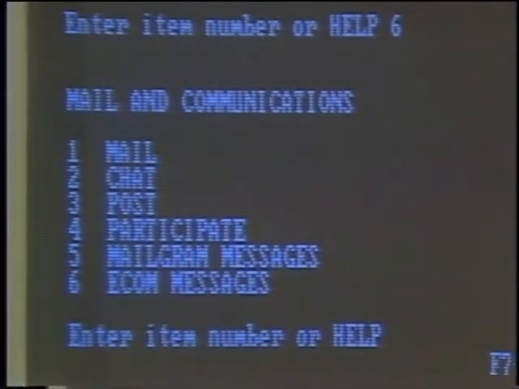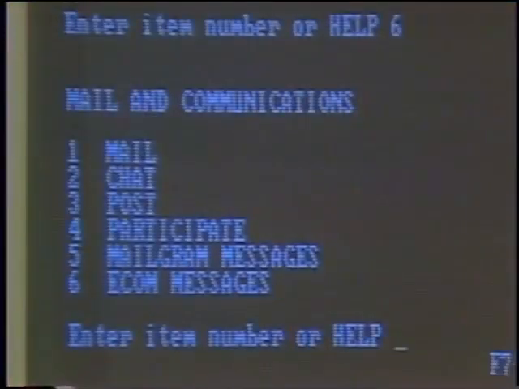Our post system is a bulletin board type system where users can post messages about different topics to other users and get replies back and help with their problems. Participate is a conferencing system, and we have mailgram messages and ecom messages, which are sending messages out to non-Source users through either the mailgram system or the U.S. Mail's ecom system.